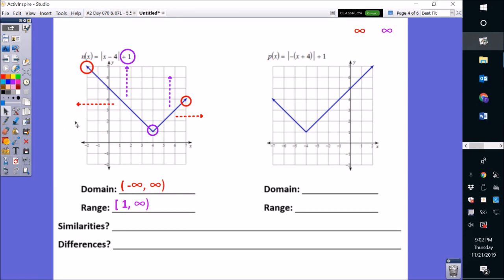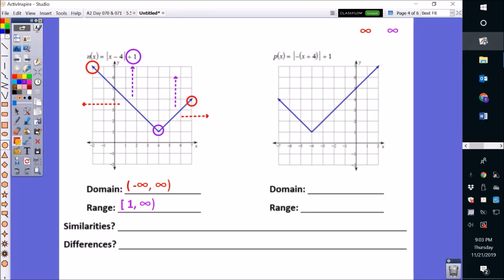Now let's take a look at the second example. And just like what I did before, identify the ends of both sides. So it has arrows, so that means it's going forever. So let's draw our arrows. Again, left side going diagonally, so two directions at the same time: left forever, and then up forever.